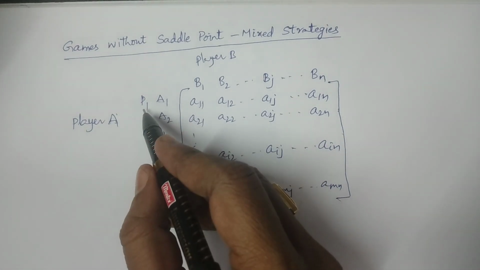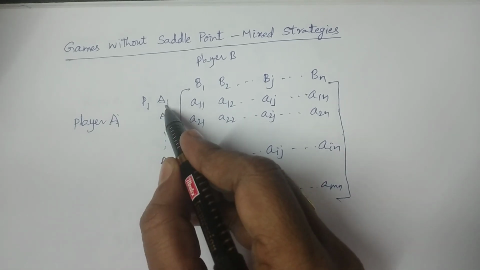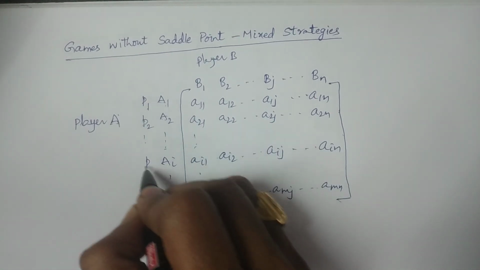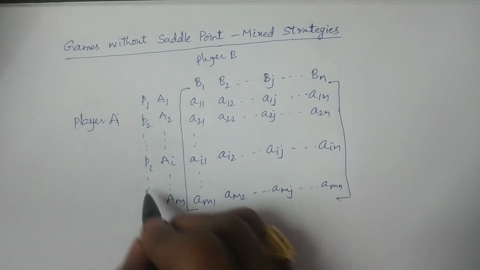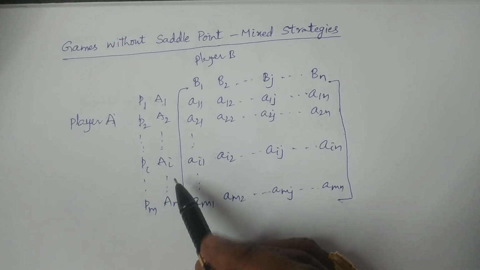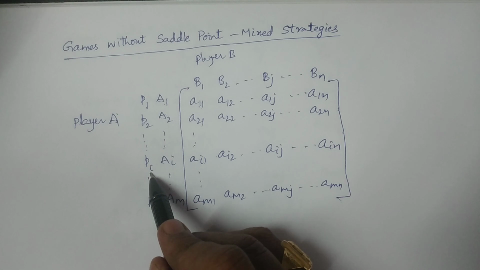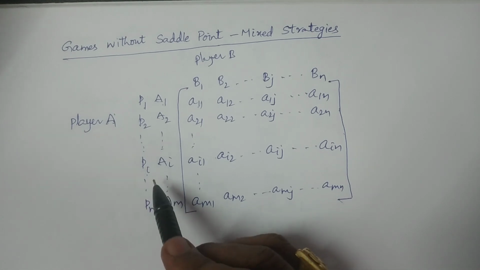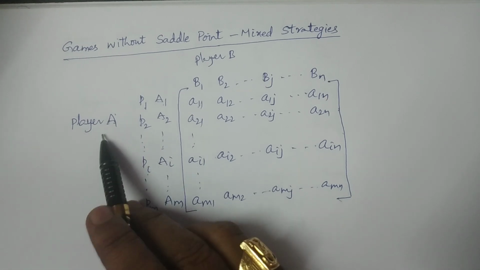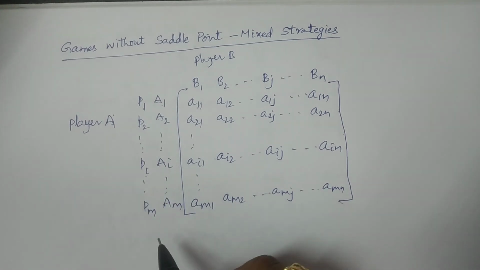For example, p1 is the probability of selecting the strategy A1 of player A. Similarly p2, and so on, pi, and so on, pm, which are the probabilities of selecting the strategies of player A. In general, pi is the probability of selecting the strategy Ai, the ith strategy of player A.